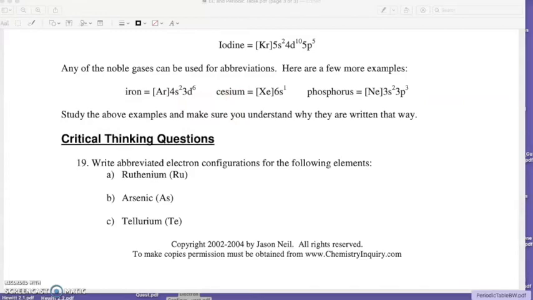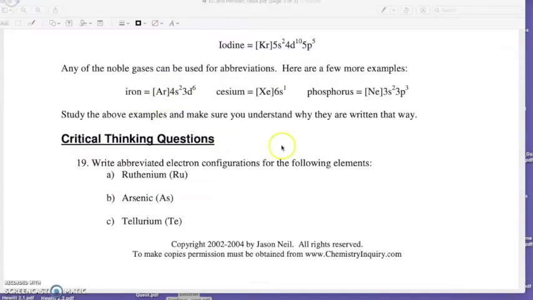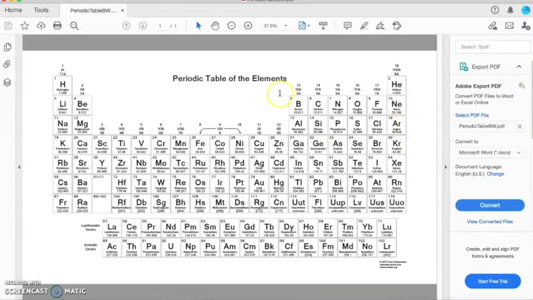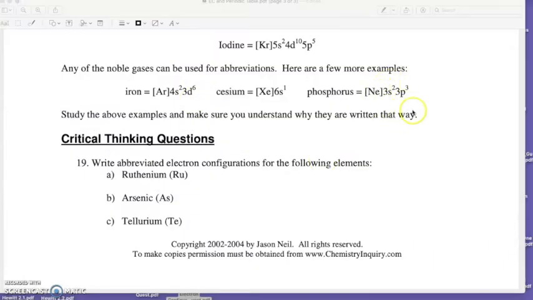Cesium is xenon plus 1, which is 1, 2, 3, 4, 5, 6s1. And then phosphorus is neon, and I go 3s2 and then 3p3, which is what we see here. All right, those are examples.